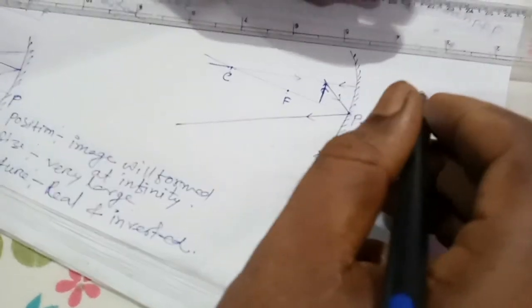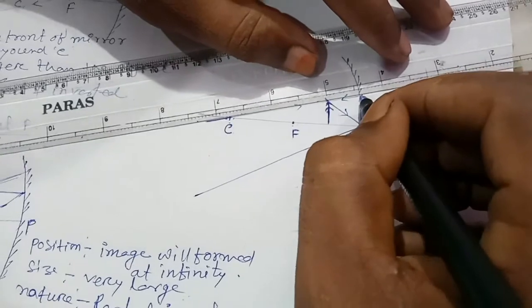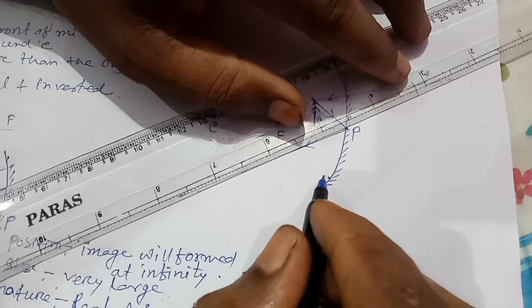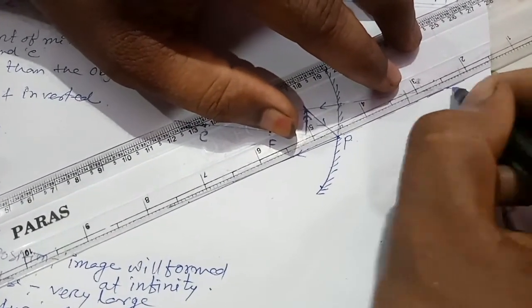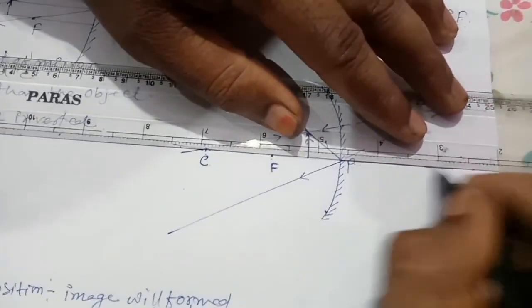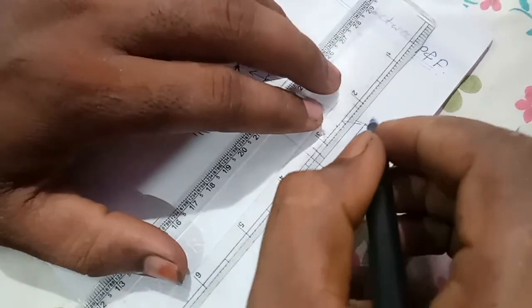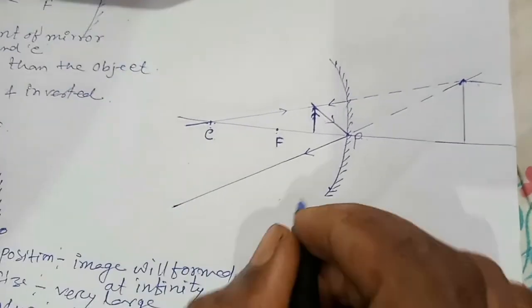We have to draw the imaginary lines of these two reflected rays behind the mirror. The two rays meet here. So this one is our image formed. Here the image is formed behind the mirror.